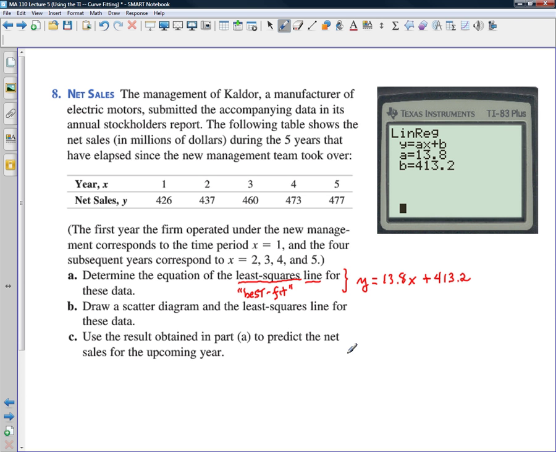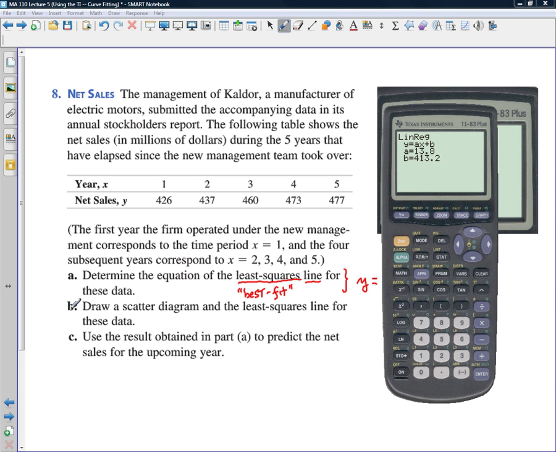Next, part B asks us to draw the scatter diagram and the least squares line for these data. So what I'm going to do is pick up my calculator again and press the graph key. Because we told it to store the resulting linear equation in y1, now it plots with the points.